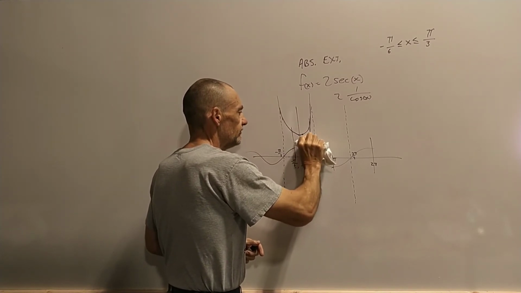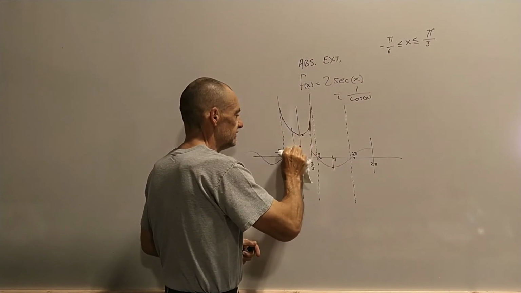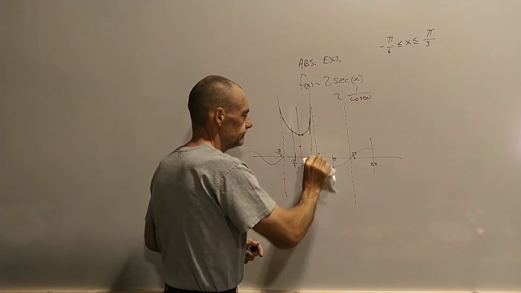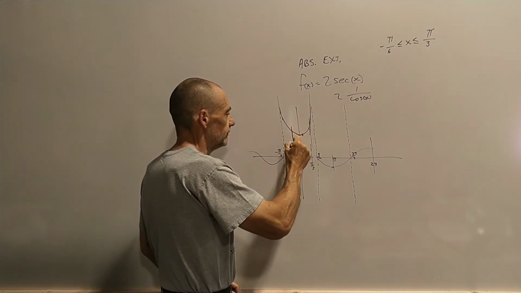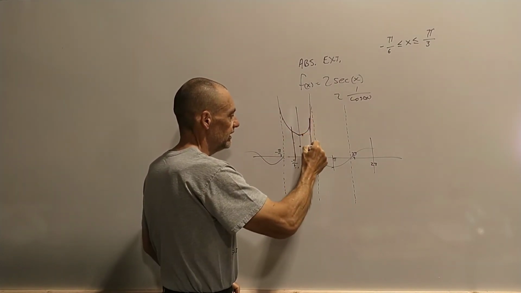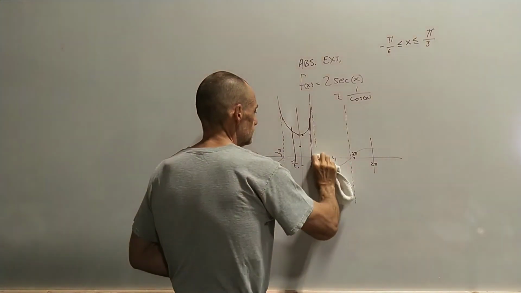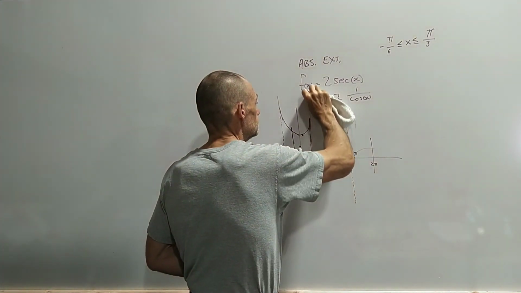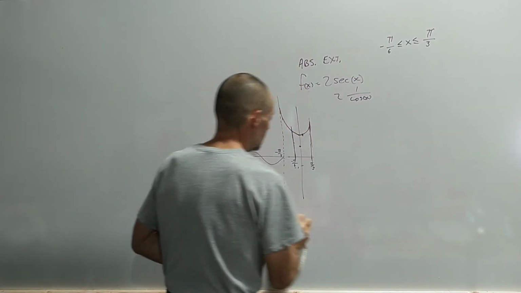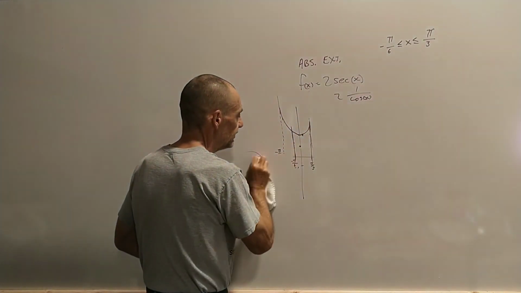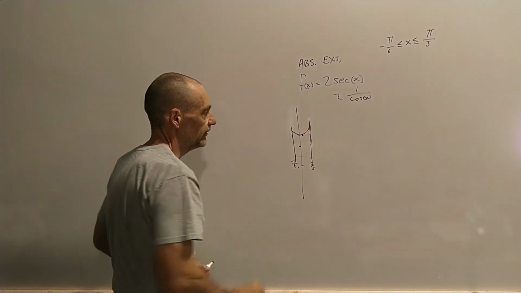So these are not the graphs we need. That's cosine and secant and all that stuff. This is actually what we're looking at. This is our domain, right in here. Since that's our domain, we really don't have to distract ourselves with other things.